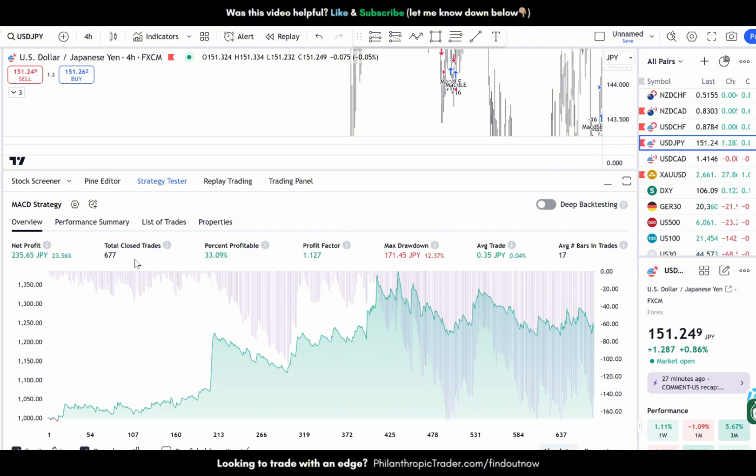So basically what it comes down to is that you can use this trading strategy, however you need to test on which pairs this trading strategy performs best. And you can tell that it works amazingly on JPY pairs, right?